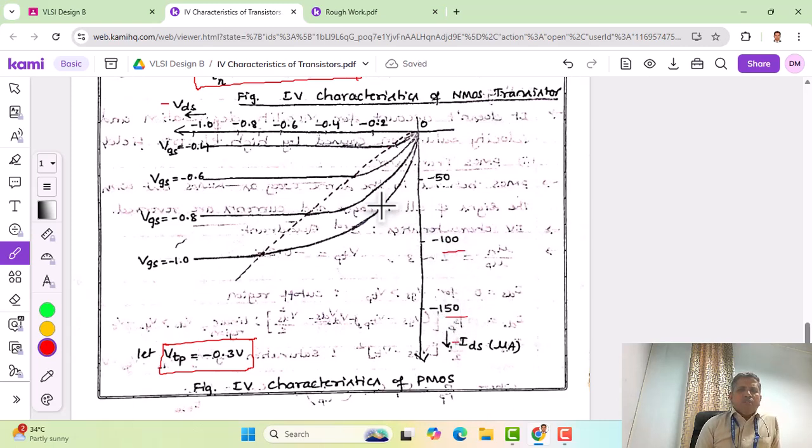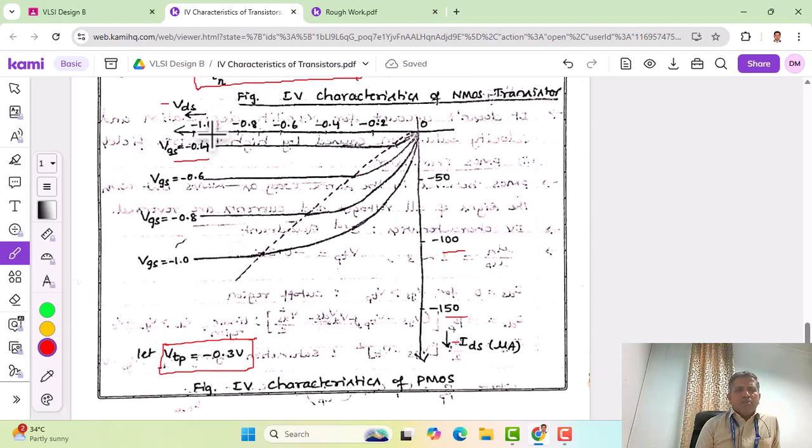Now when you plot a graph of minus VDS versus minus IDS for a constant negative gate to source voltage, the characteristics is called the drain characteristics. Okay, let us now plot the characteristics, and let us choose gate to source voltage as minus 0.4.